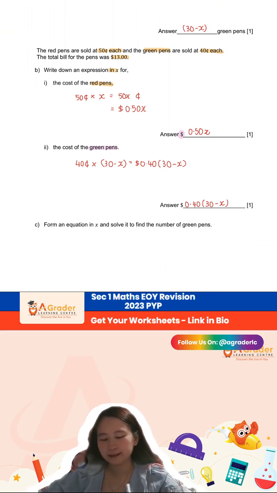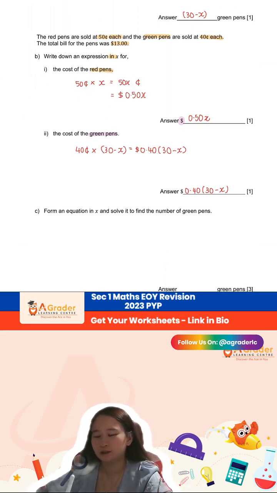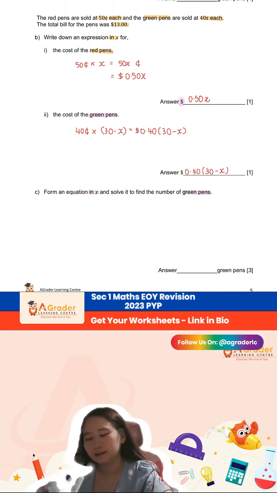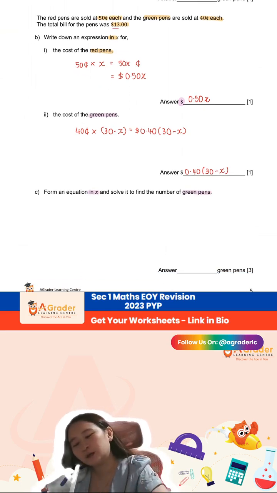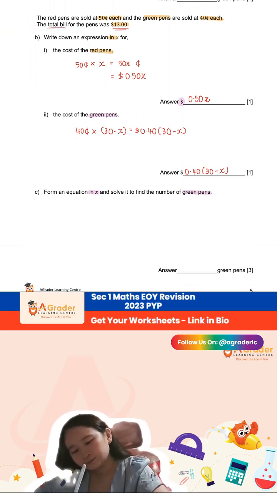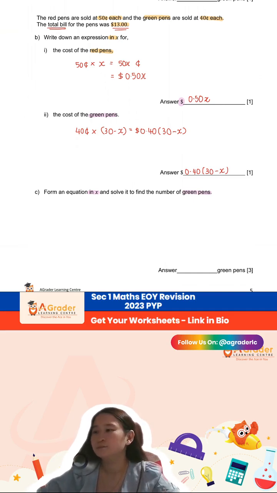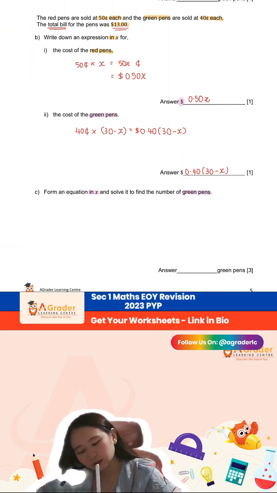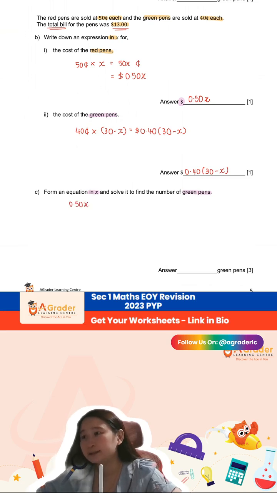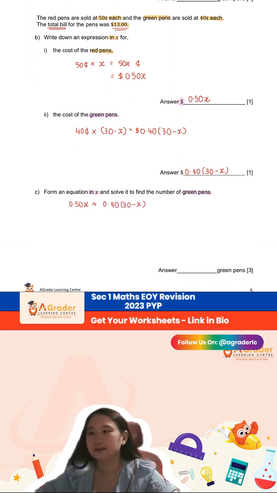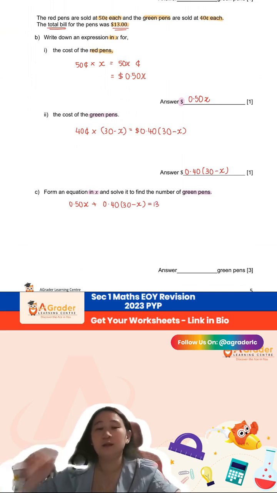Okay, then part C, they ask you to form an equation. Form an equation in x and solve it to find the number of green pens. So you can form an equation with the total bill here. The total bill will be the sum of your answers in B. So 0.50x plus 0.40(30 minus x) is equals to $13.